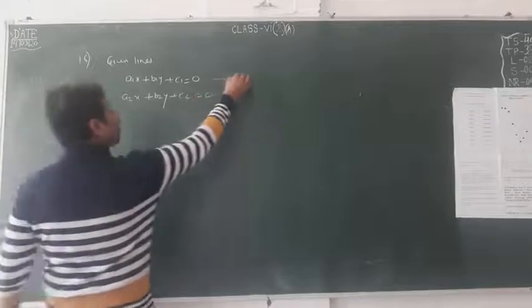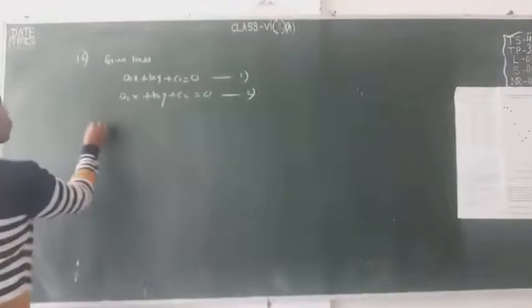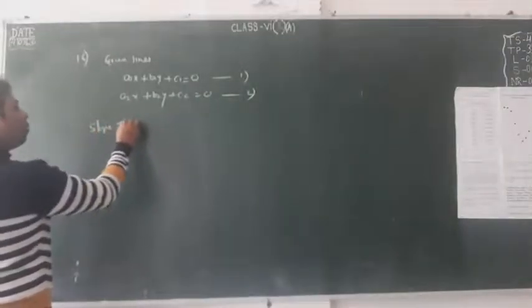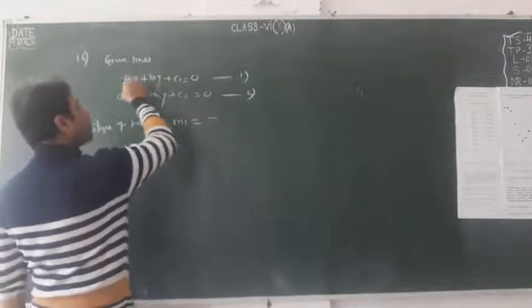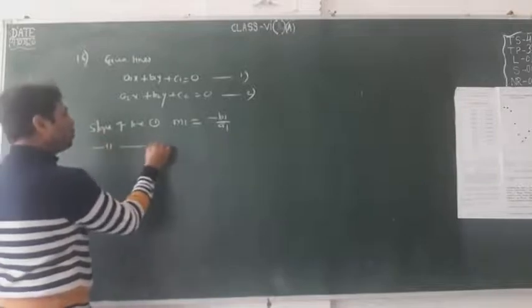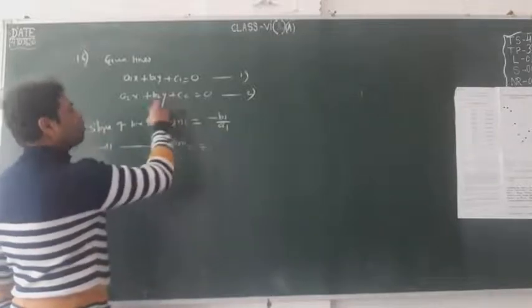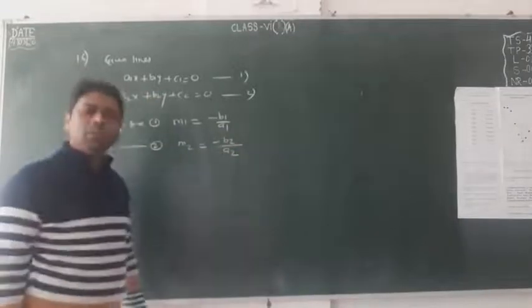First of all, I will write these as line 1 and line 2, and I will find their slopes. Slope of line 1, you know it is m1, minus coefficient of x upon coefficient of y. Slope of line 2, m2 is equal to minus coefficient of x upon coefficient of y. So easily you have got it.